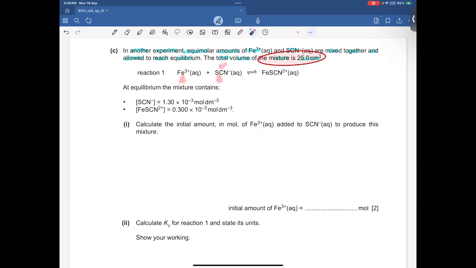So we have a 1:1 ratio between these two ions. The equilibrium mixture concentration is given for both ions. Calculate the initial amount in moles of Fe3+ added to SCN- to produce this mixture.